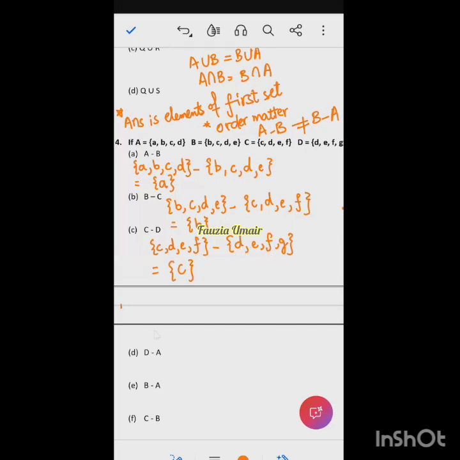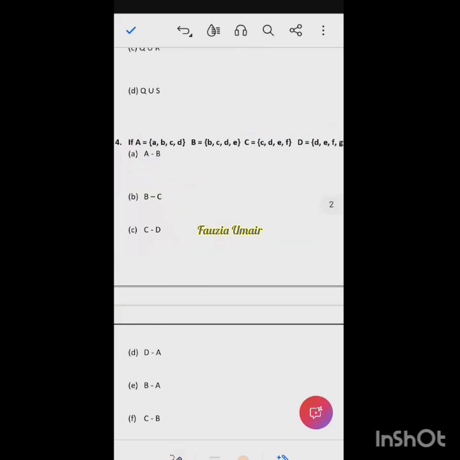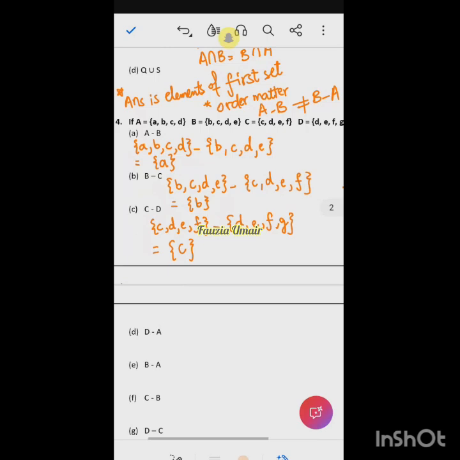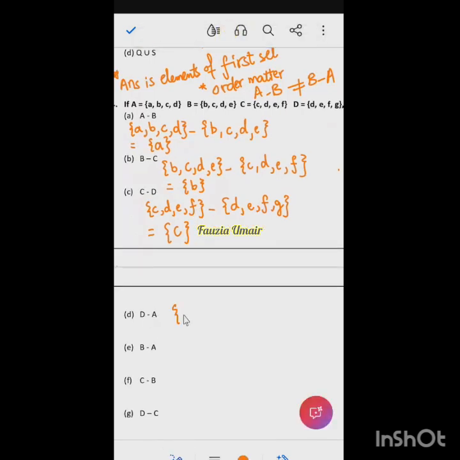So now because this was easy, there was a pattern in the answers. Now let's look at this. D minus A. D is D, E, F, G, and we are subtracting A, which is A, B, C, D. Who can tell me what would be the elements of the difference?